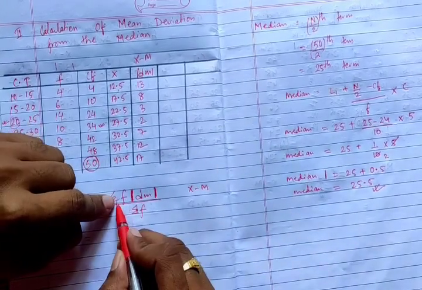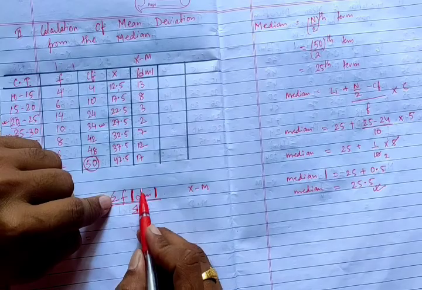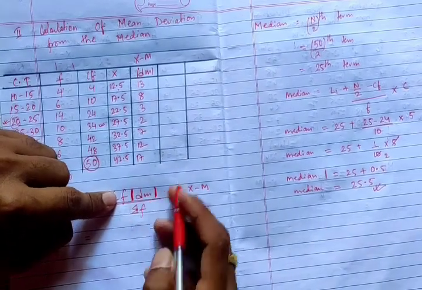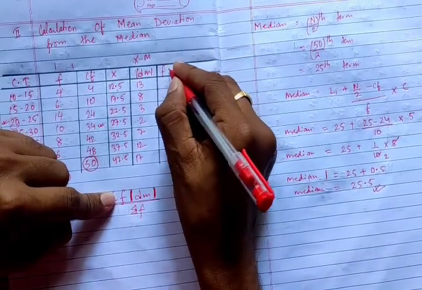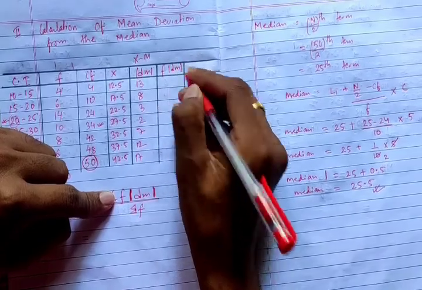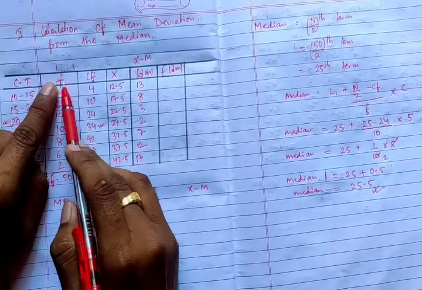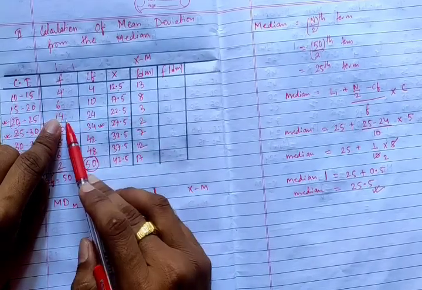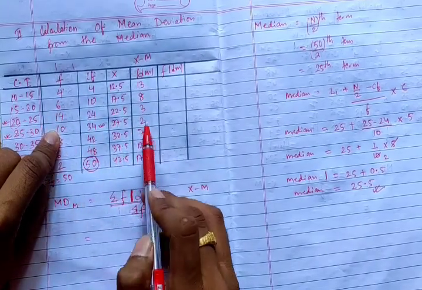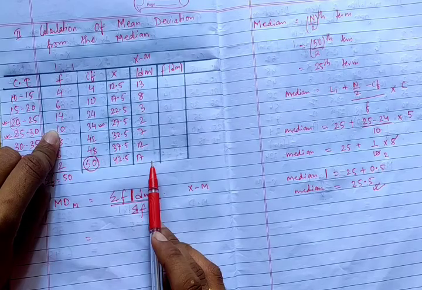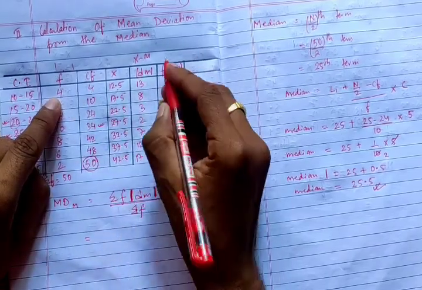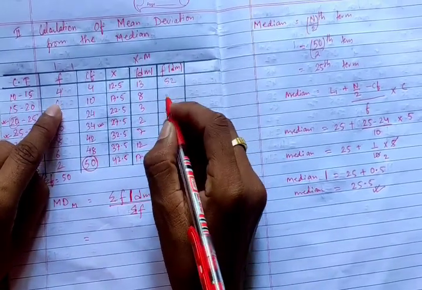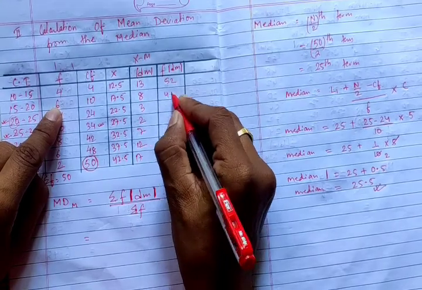Okay, 17. So then what we'll do? Now we need summation F DM, which means we need the total of F into DM. So we'll make one more column, that is F into DM. So F into DM is we'll multiply frequency with the DM column, which means 4 into 13, 6 into 8, 14 into 3, 10 into 2. So we'll find this column. Clear? Now 4 into 13, how much will we get? 52. Then 6 into 8, 48.